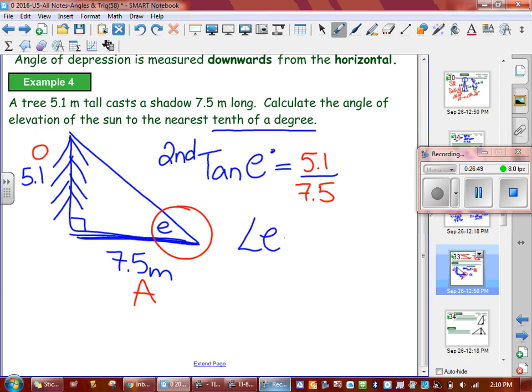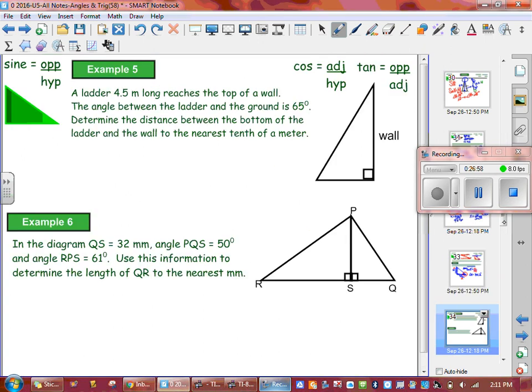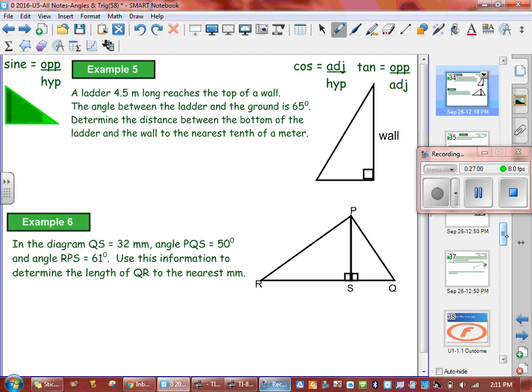All right, carrying on. You also have the ladder question to do. The ladder against the wall. The ladder is 4.5 meters long, so this is our ladder. It says the angle between the ladder and the ground is 65 degrees. And it says determine the distance between the bottom of the ladder and the wall. So there's our x. Labeling again, this is our adjacent side and hypotenuse, so I need to use the cos button.